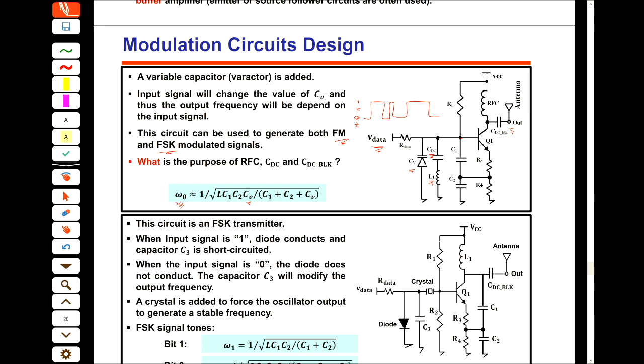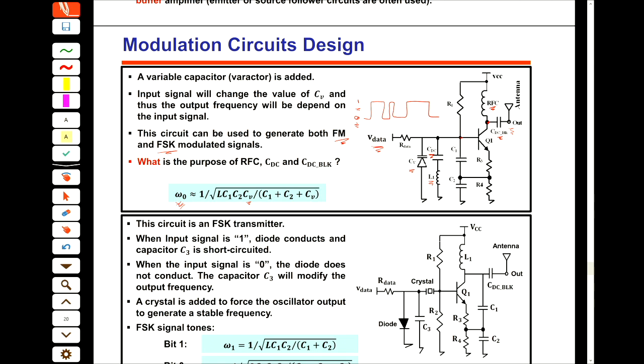And so you know why we put this RF choke, and you know why we put this DC block. We already mentioned that this RF choke is for preventing the AC signal going to VCC, and the DC block is to prevent the DC point that we have at this point from going to the next stage or affecting the next stage, or from the next stage to our stage.